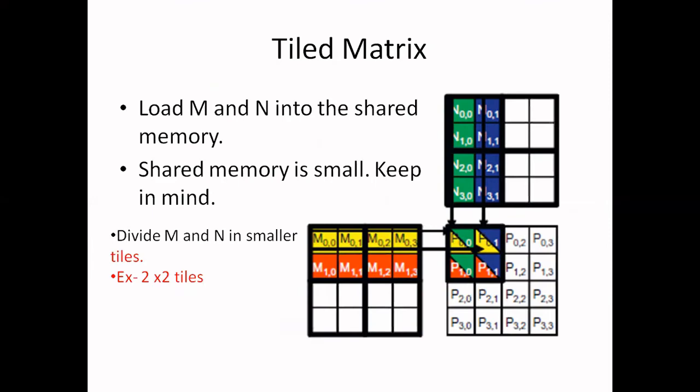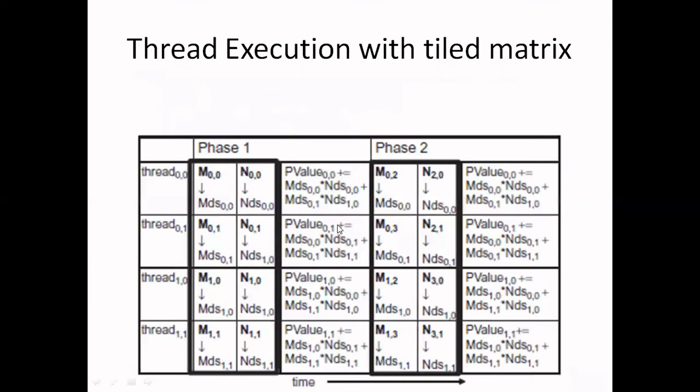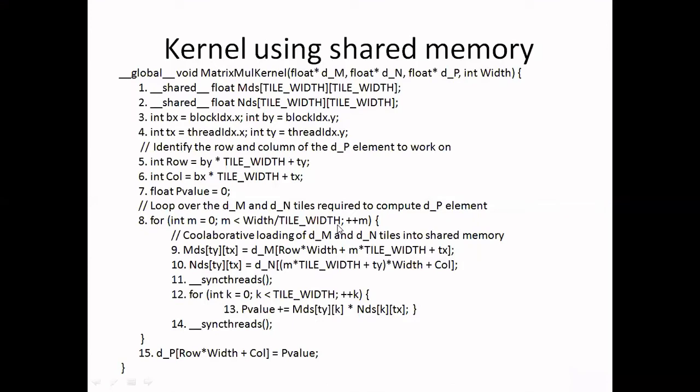Why two times synchronized? Very good. Let me tell you here. The first syncthreads is for memory access. If we don't synchronize here and start working on the calculation of the dot product, in that case we may get the older values.